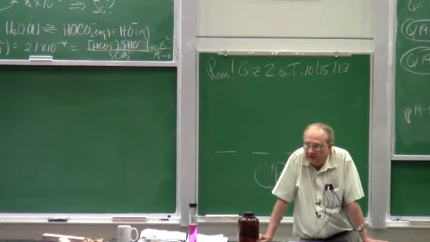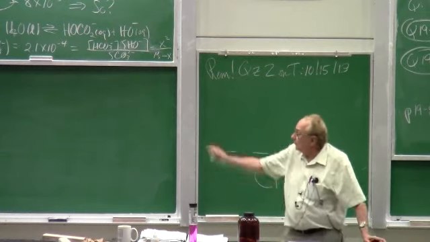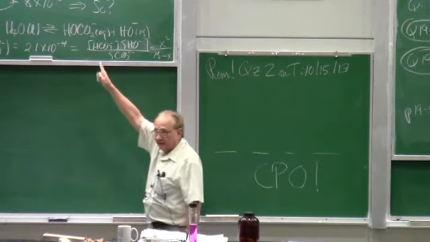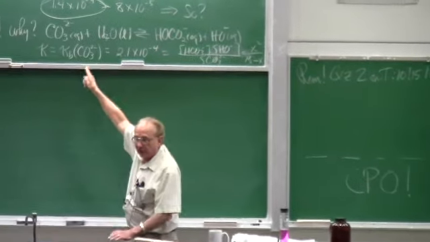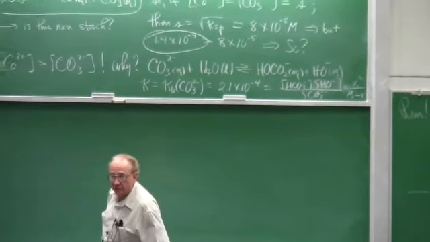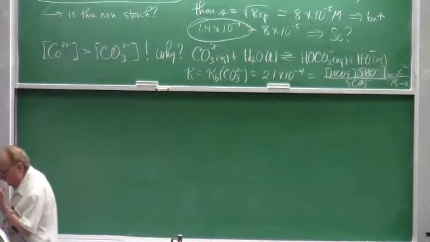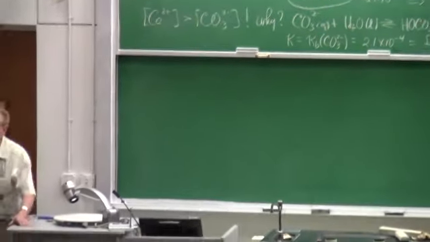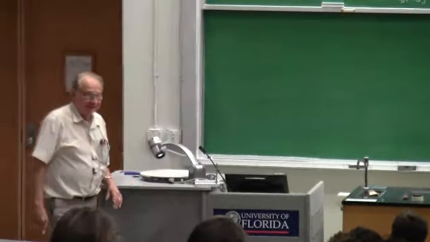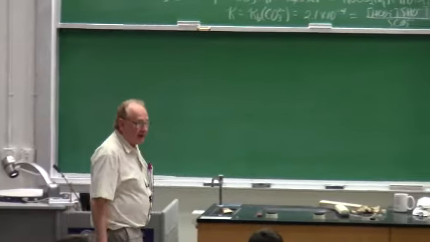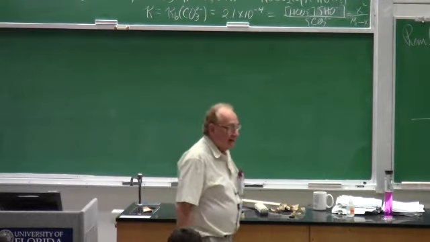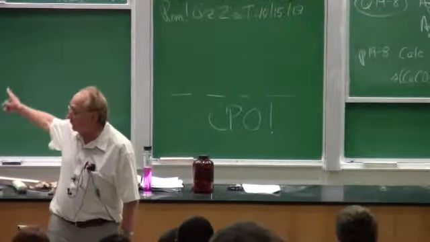The solubility in this solution buffered at pH 8.00 is guaranteed to be greater than 1.4 times 10 to minus 4. That's the solubility in straight water. Or less than 1.4 times 10 to minus 4. Because I got a feeling that you'll all say, well, it's not the same. So what's your vote? The calcium carbonate solubility at pH 8 is greater than 1.4 times 10 to minus 4.